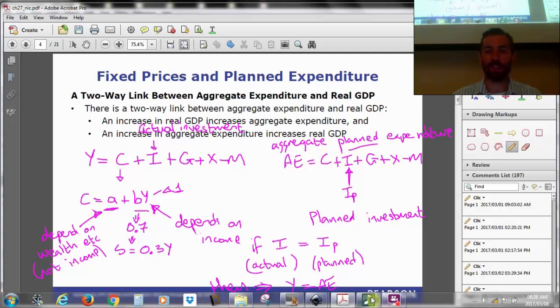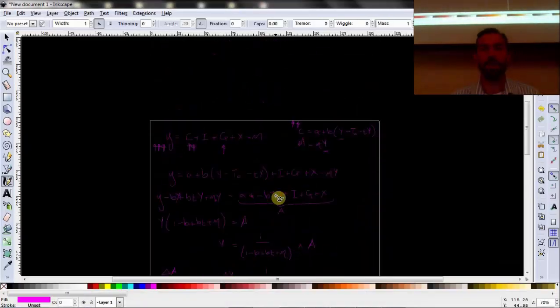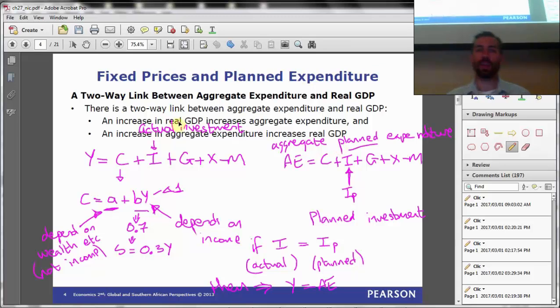In itself, that doesn't tell you much, but obviously given our discussion over the last 2 days, it should be clear that what that statement is referring to is this relationship, where some of our expenditure variables are in fact induced expenditure variables, which means that they vary as Y varies. In other words, an increase in real GDP can increase aggregate expenditure, and an increase in aggregate expenditure can increase real GDP.